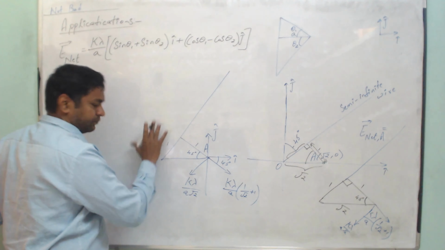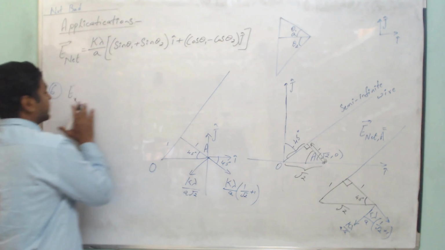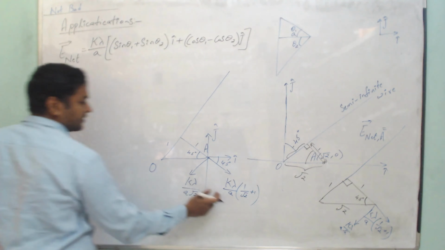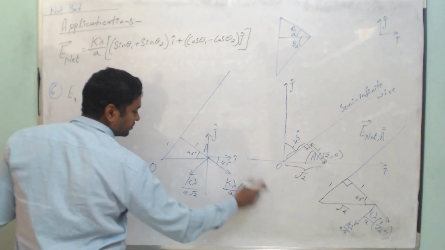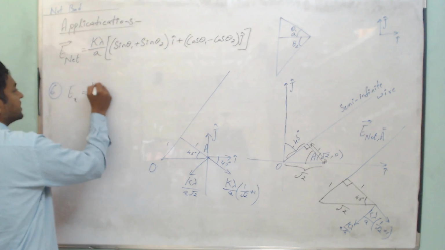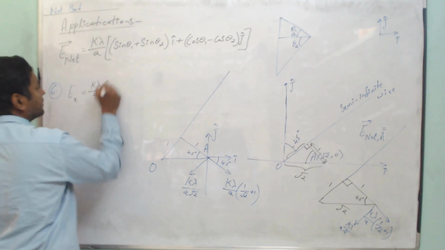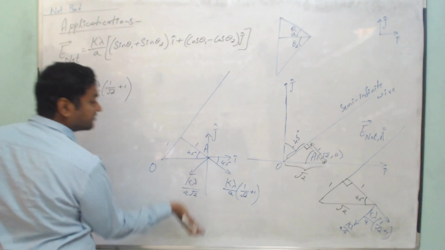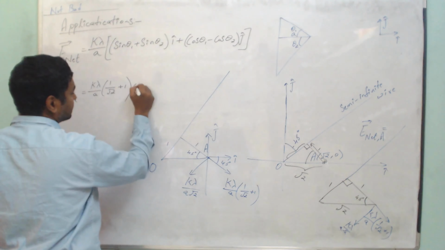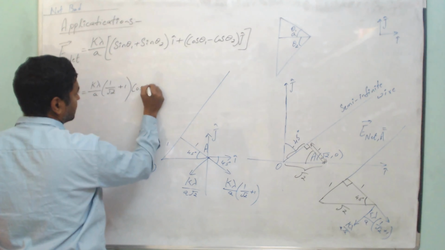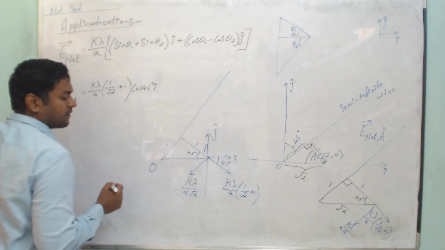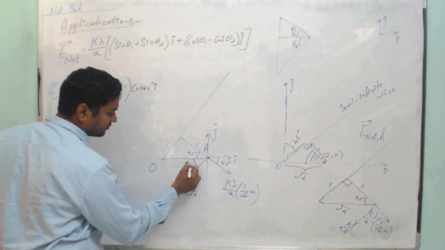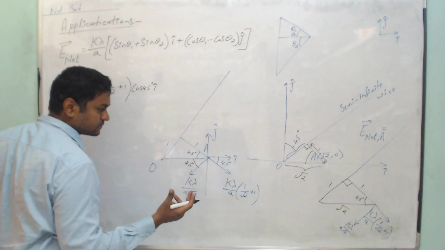Then I will write Ex is equal to, due to this magnitude, K lambda by A into 1 by root 2 plus 1, I will have cos 45 I cap. And this is also 45 degrees, by the way. Everything is 45 degrees in this question.